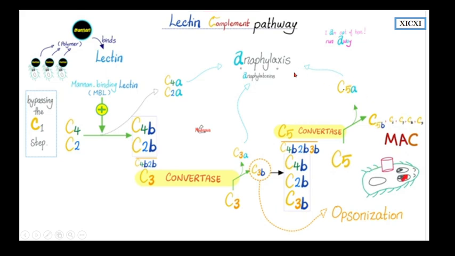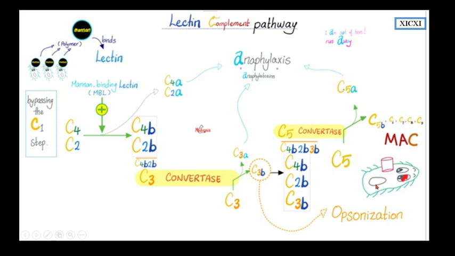C5a will leave the cascade. Usually the a fragments leave the cascade. We remain with C5b, which will recruit 6, 7, 8, 9, which will form what you call MAC, the membrane attack complex. Now by here we are going to make pores in this bacteria. Automatically this bacteria is going to die. Now this bacteria is unable to cause our body harm.